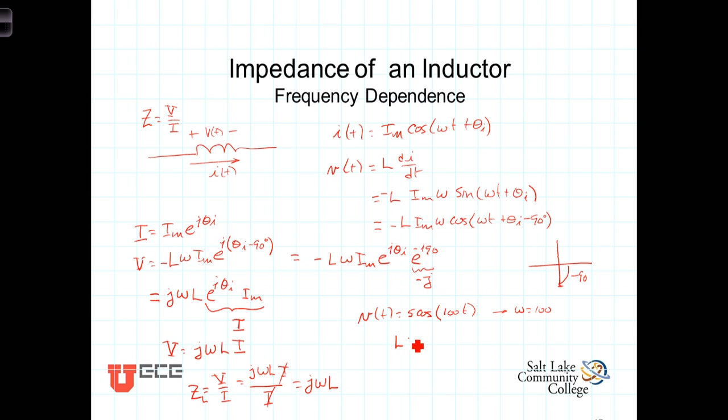Let L equal 0.05 henry. Then the impedance of that inductor, Z_L, will equal j times omega, which is 100, times the inductance, which is 0.05, and we get that the impedance of that inductor in a circuit oscillating at 100 radians per second is equal to j5 ohms.